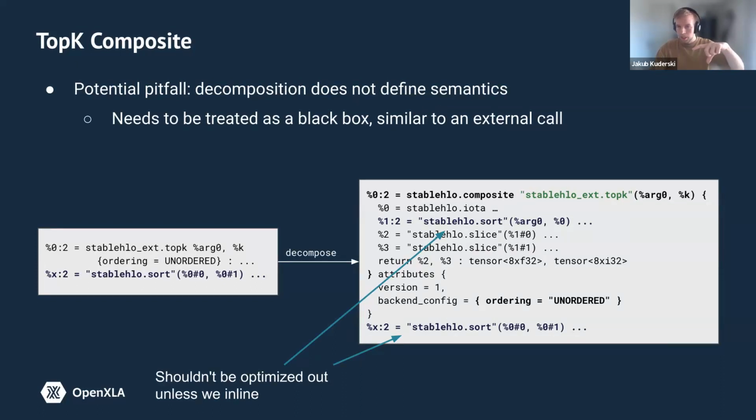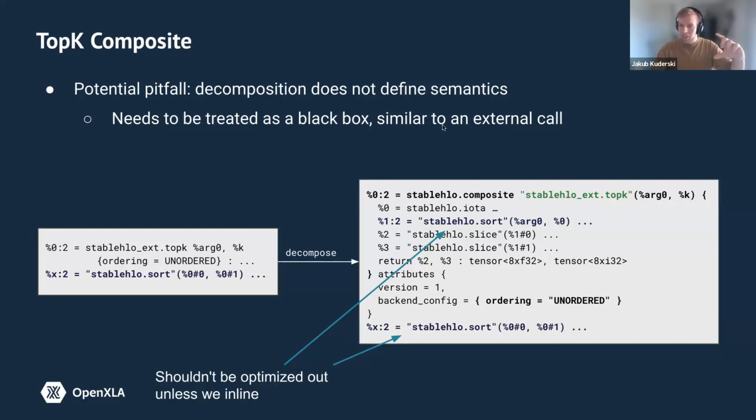So, for example, if we had an unordered TopK that's followed by a sort, and that gets expanded to the composite, we will end up with a situation where we have two sorts, but the presence of the sorts shouldn't allow the optimizer to conclude that one of the sorts is redundant.